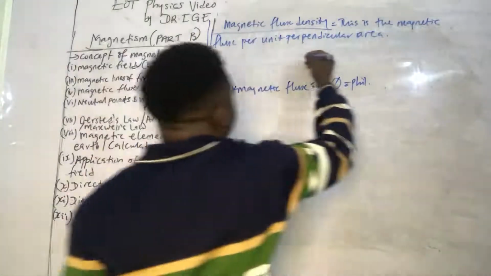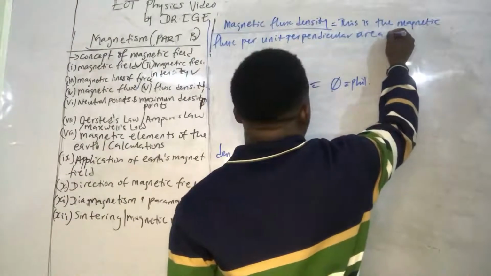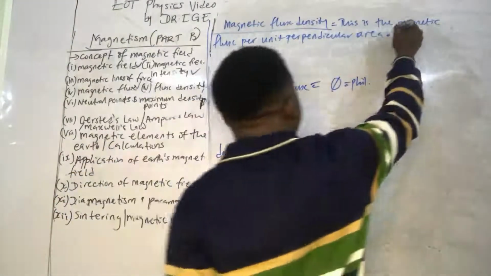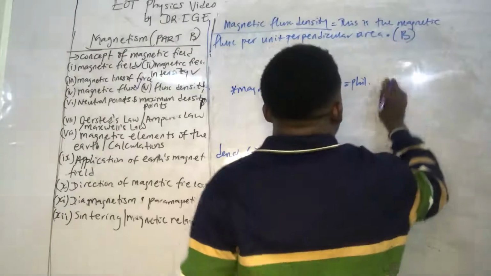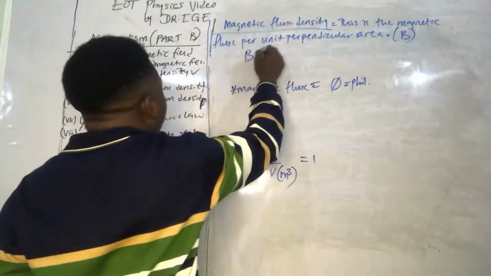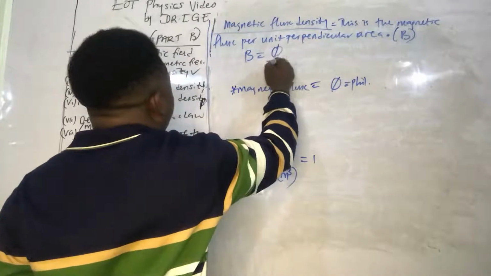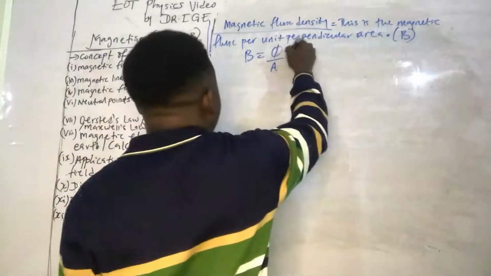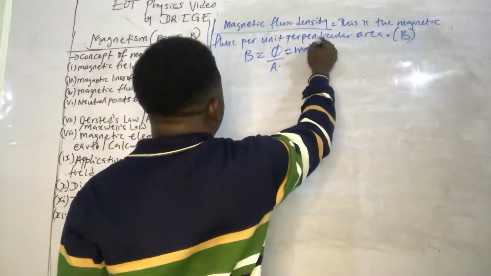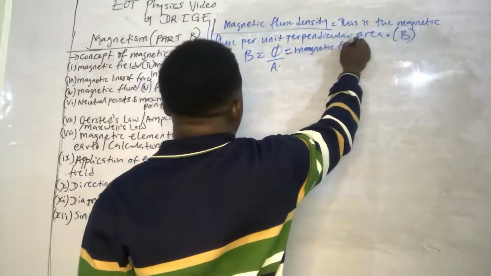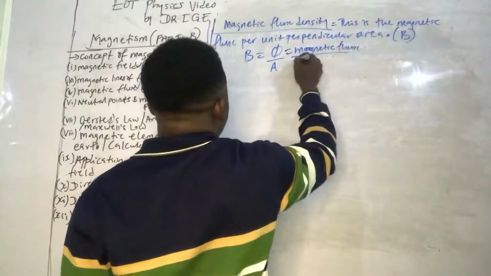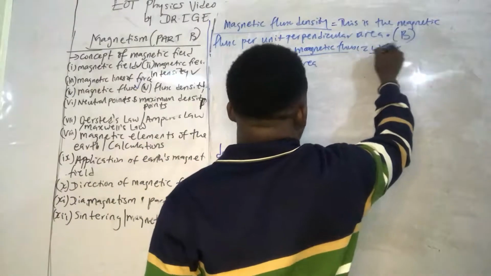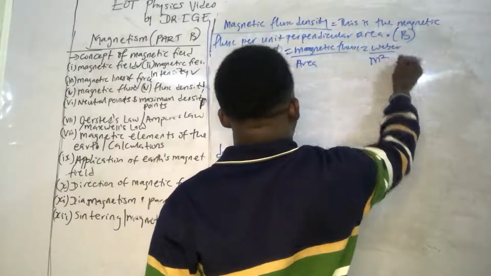Magnetic flux density is represented with B. So we say B equals flux over area. Here this is the magnetic flux, and this is the area. I remember flux is in Weber, right? And area is in meter squared.